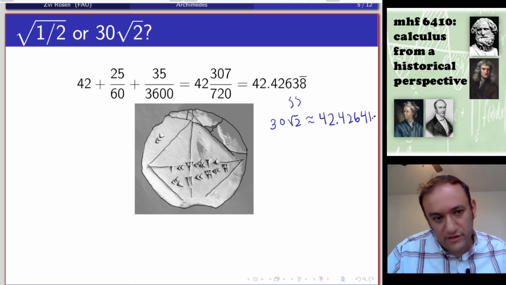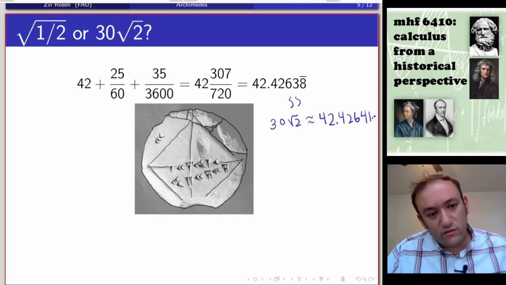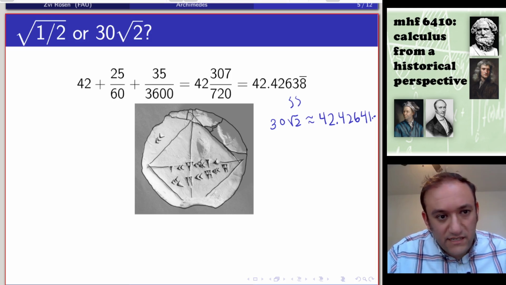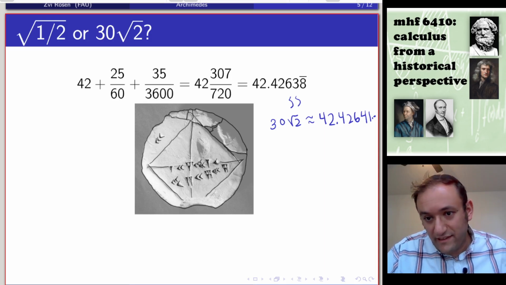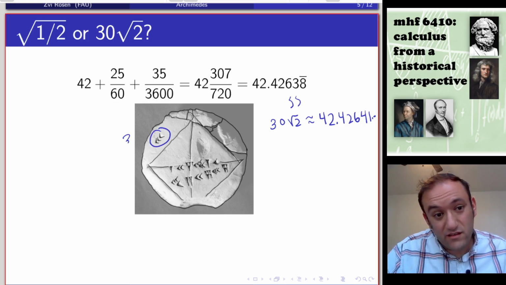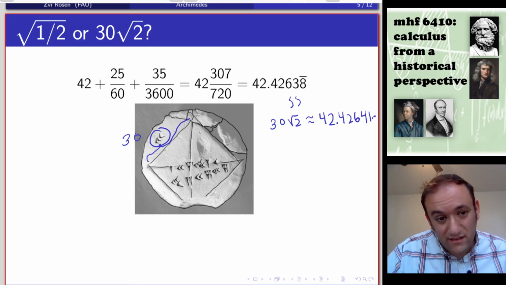So why would we need 30 times the square root of 2? Well, let's look at this picture again. This might be a geometry student who's trying to compute the length of a diagonal of a square of side length 30. So that would be this side length, and then this number.